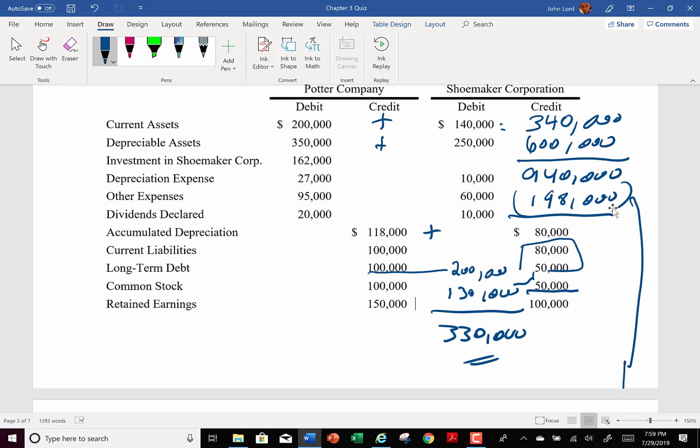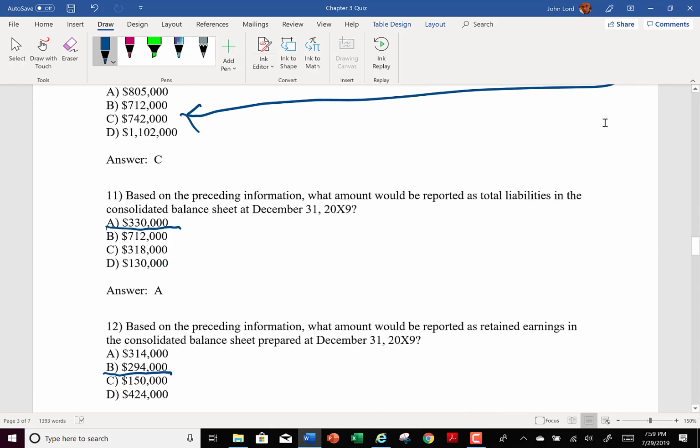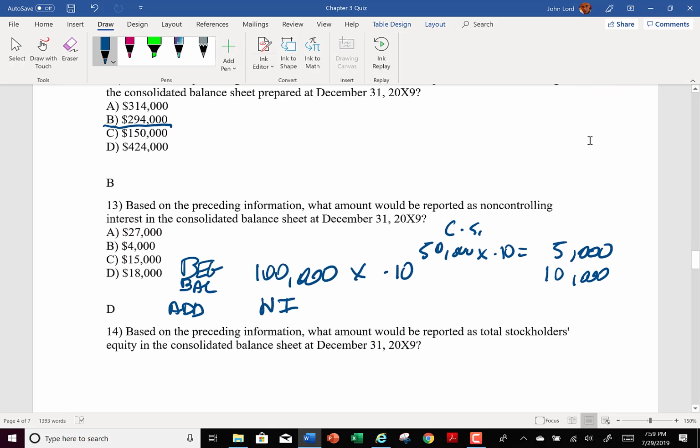Okay, of which 10% belongs to the non-controlling interest. So just writing that down, 40,000, I'll just put it here since we already started this down here. Net income of 40,000 times 0.1 gives me 4,000. And then I subtract the dividend.